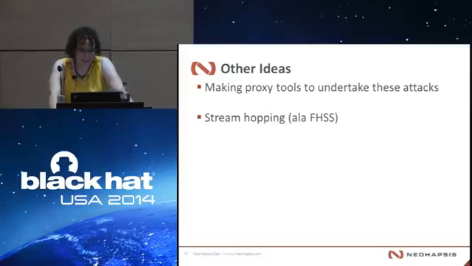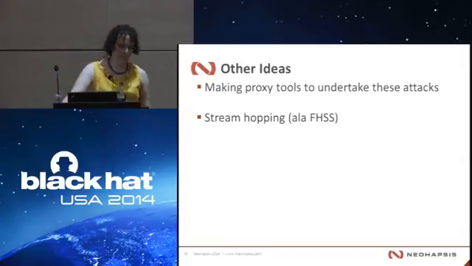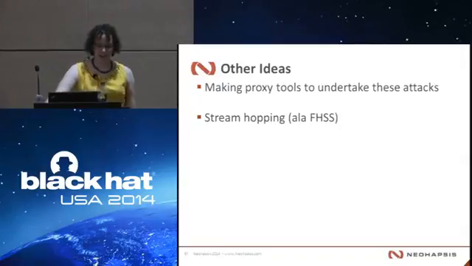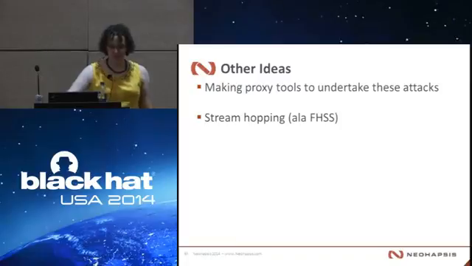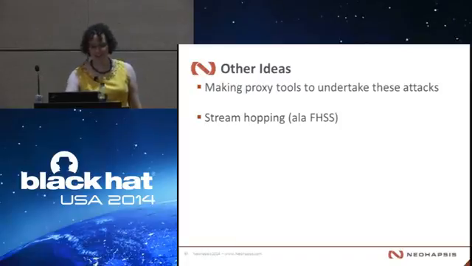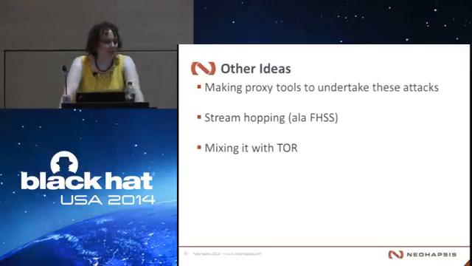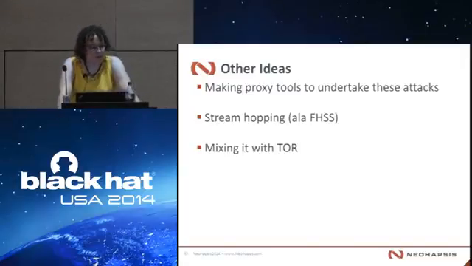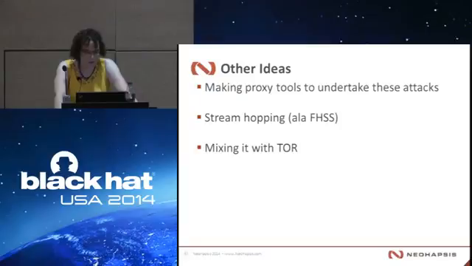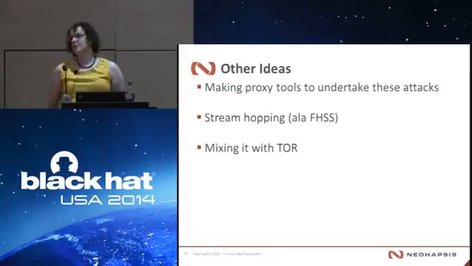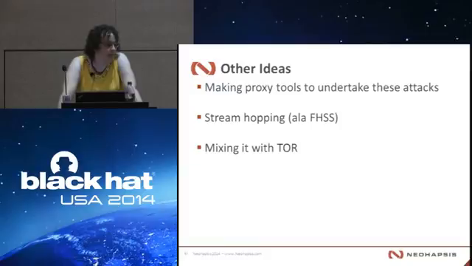You run this at both ends, and they do this network craziness between them. Didn't get as far with that as I'd like. It's coming along. Dealing with this state in addition to TCP is not fun. Mixing it with Tor. Now, I'm not about to do this personally because if you mess with Tor wrong, you get people killed, and I don't want that on my conscience. But if the right people look at this, and they look at the implications, and they think it's worth doing, maybe it could be big.